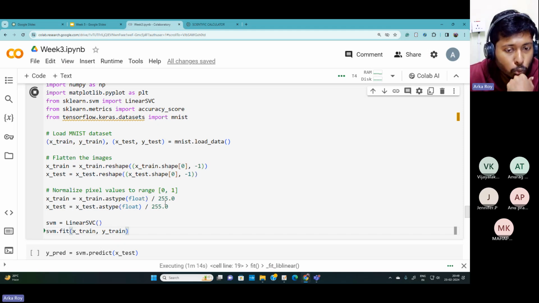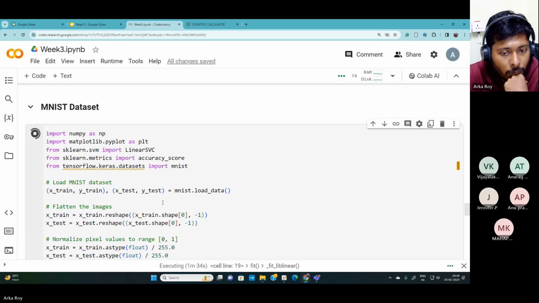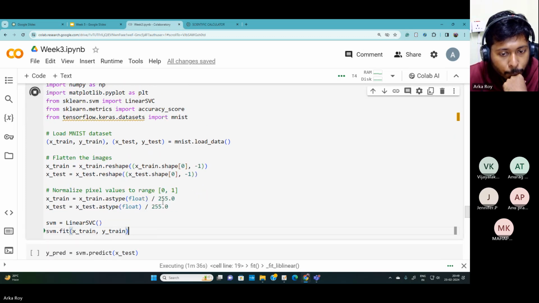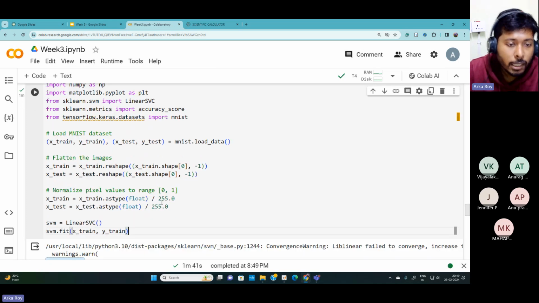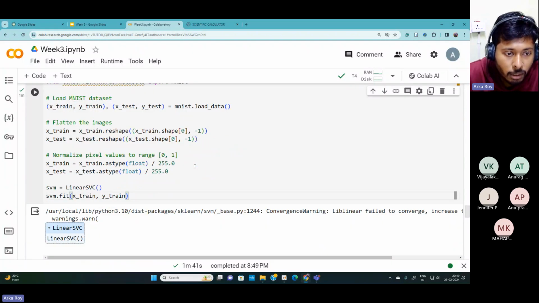It probably takes 2 to 3 minutes to train the whole model using the standard library. I trained it with my own SVM also, and it took around 20 to 25 minutes. You can see that within 1 minute 41 seconds, this whole training has been completed.